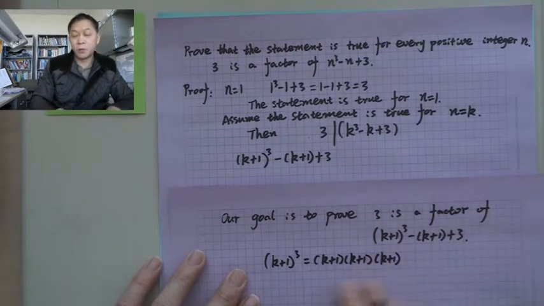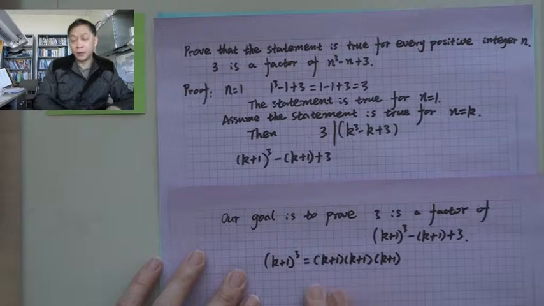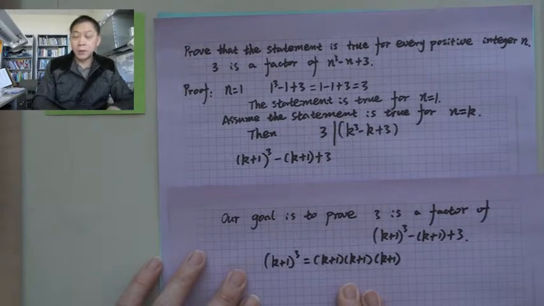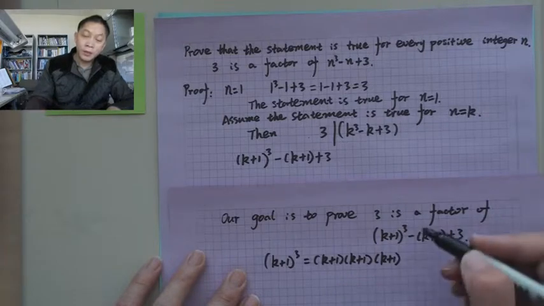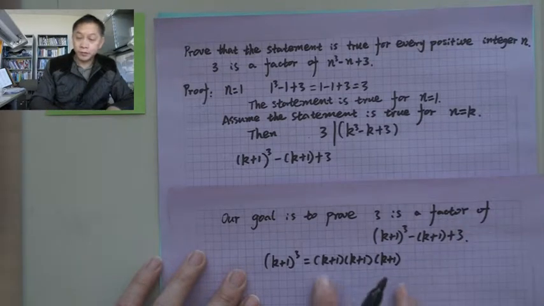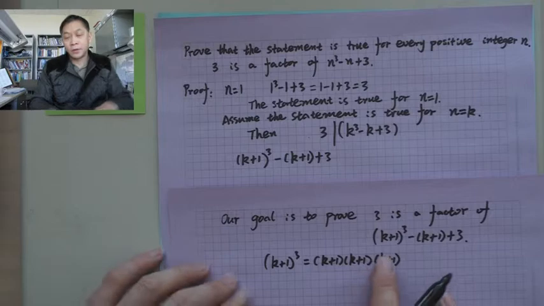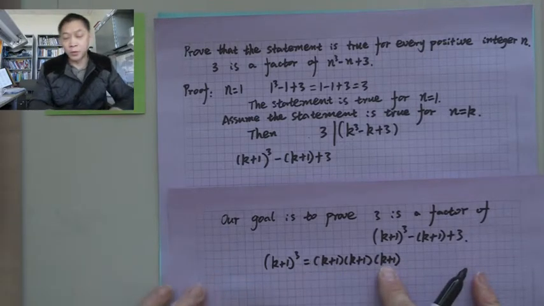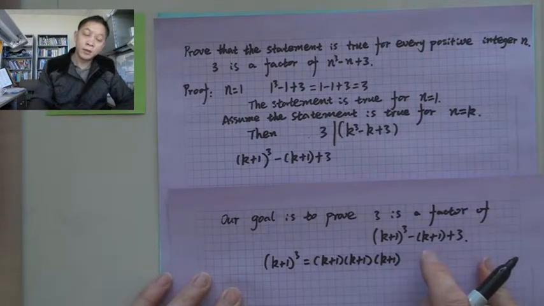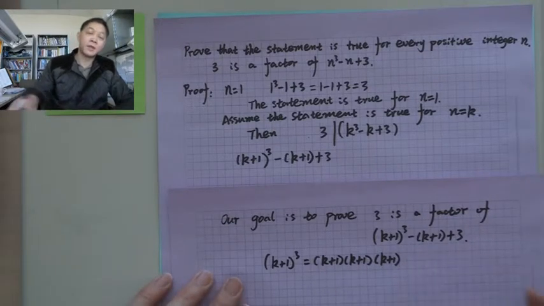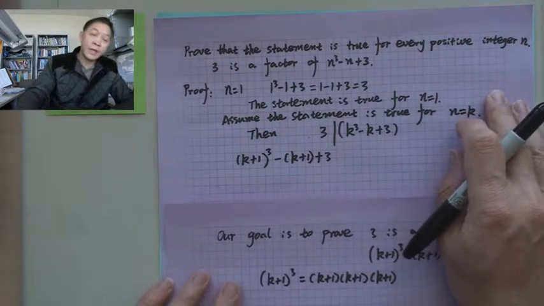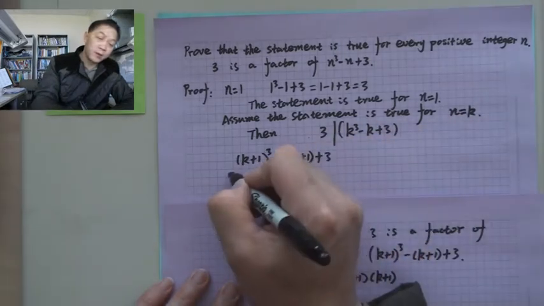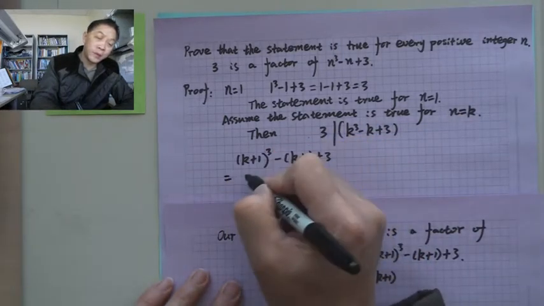If you remember the formula, you can quickly write it out. If you don't remember, you better FOIL two of them, and then use the distributive property to find the final answer. I remember that, so that saves my time.